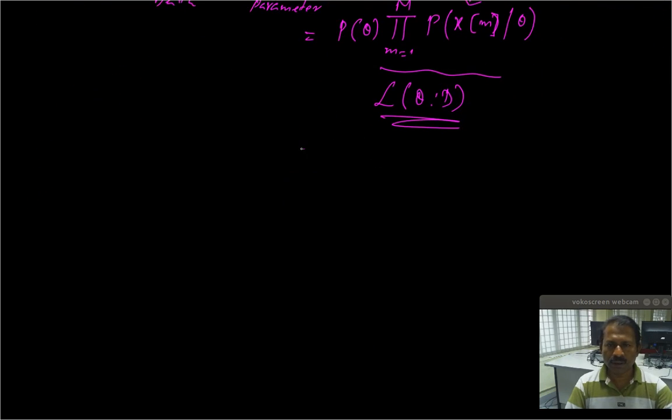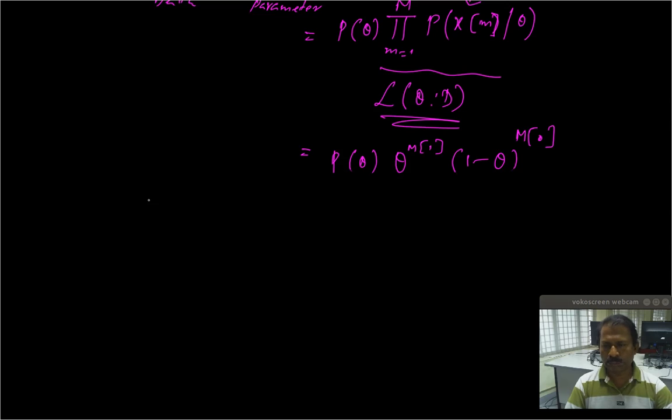So this I can write as p of theta, theta to the power of the number of heads we obtained, the probability of heads, and 1 minus theta to the power of the number of tails, the probability of tails, right?